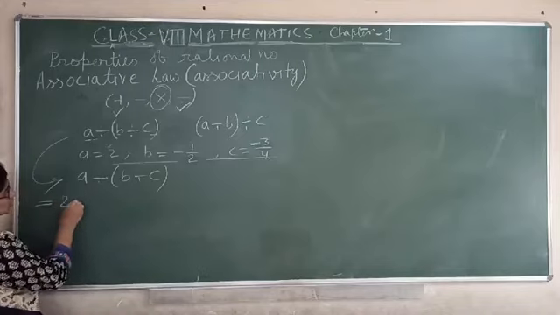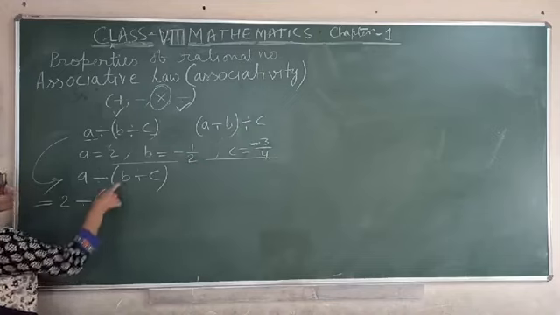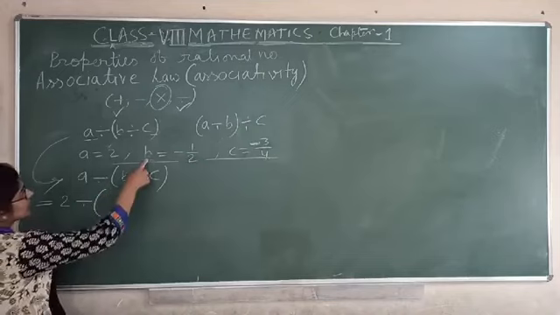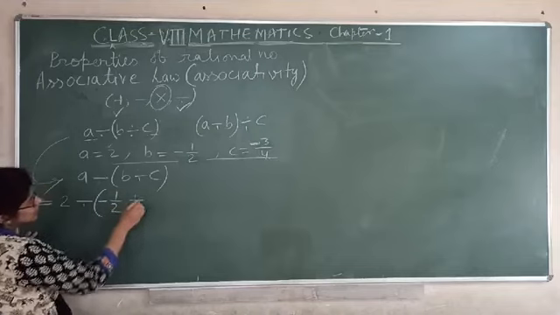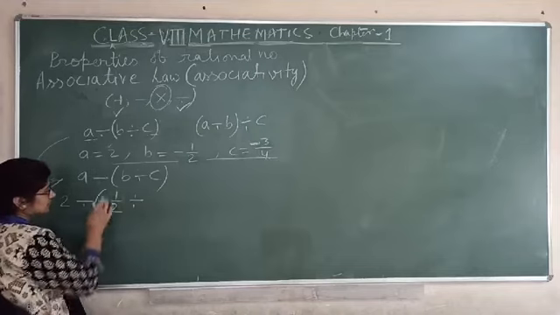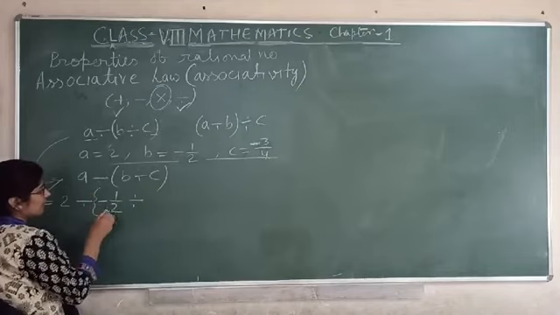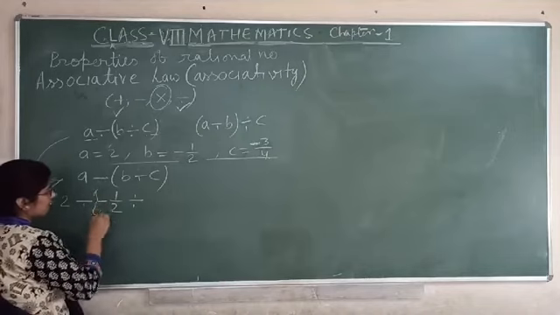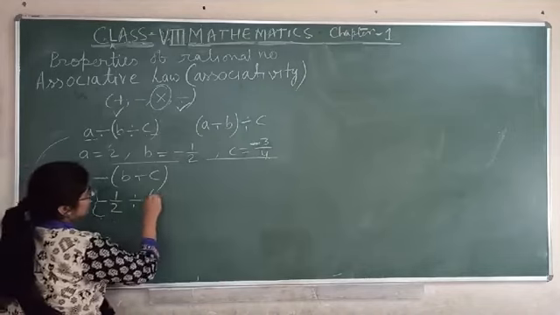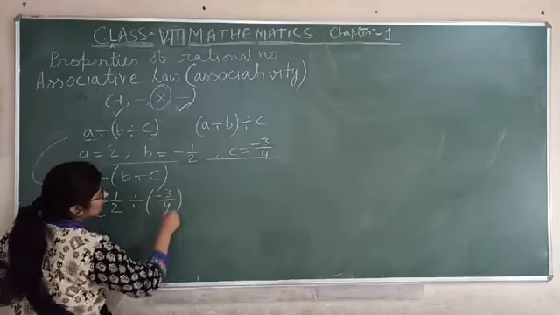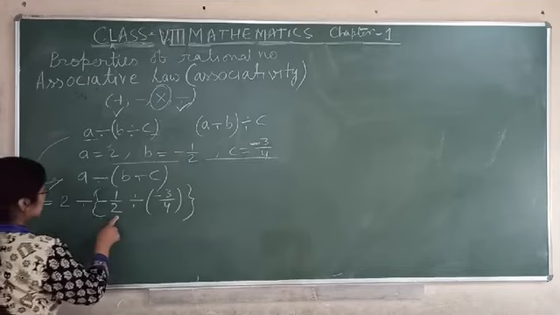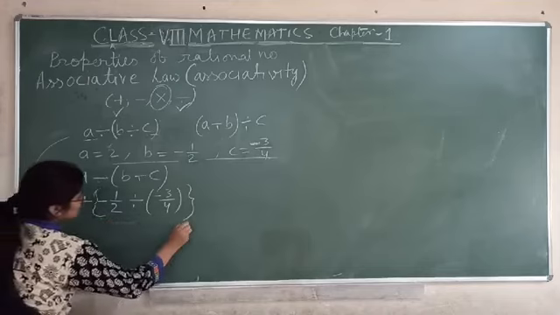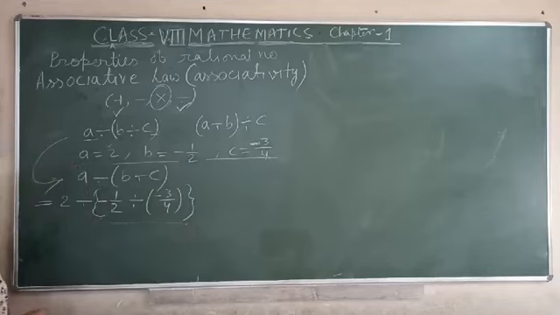A is 2 divided by, within bracket, B is minus 1/2 divided by minus 3/4, bracket close. Okay, so how will we calculate? First I am telling you how you will calculate this one.